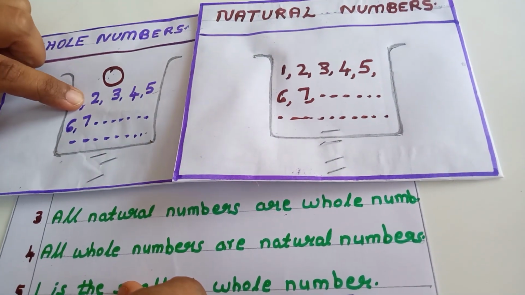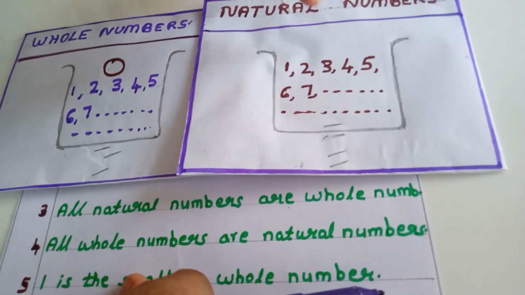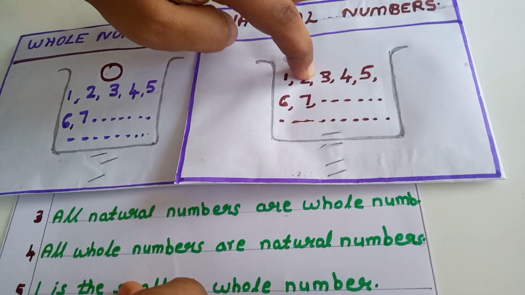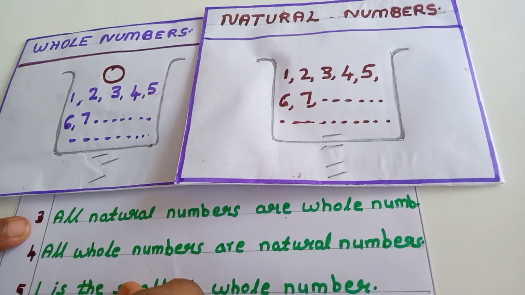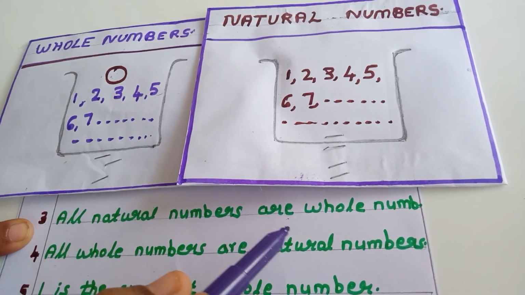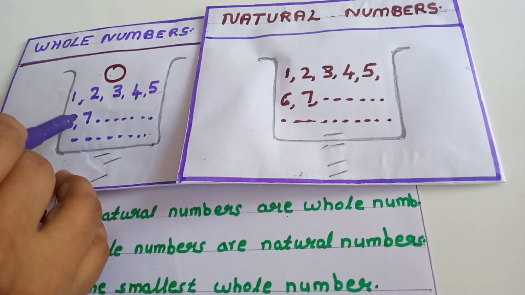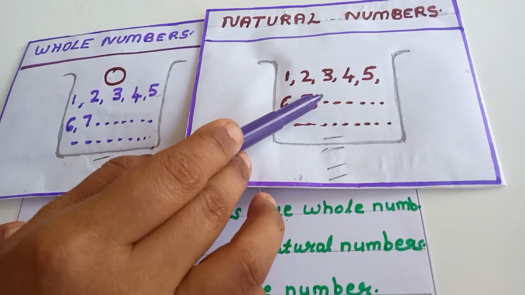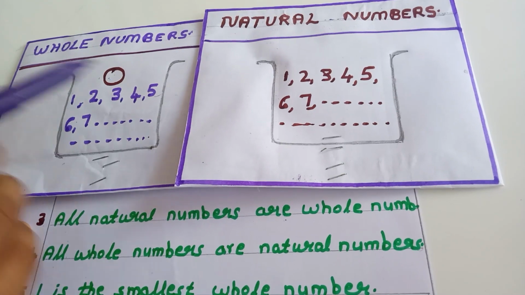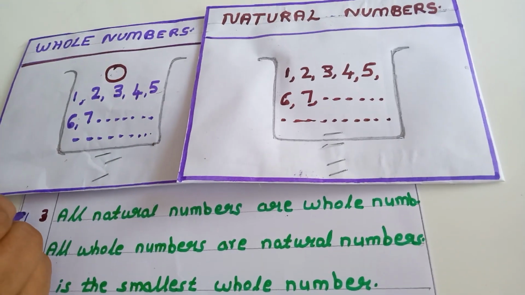You can see it here. Take 3 from the natural number basket. Then here also you can see 3. So definitely we can say that all natural numbers are whole numbers. We can see all the natural numbers in this basket also. So this is also true.